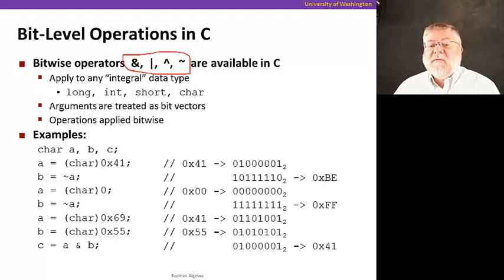So you can see here we've declared 3 byte variables, A, B, and C. You'll notice here that we're setting the value of A to the hex 41. That's represented here in its bit notation. And when we take the complement of A and assign it to B, this is the value we get.